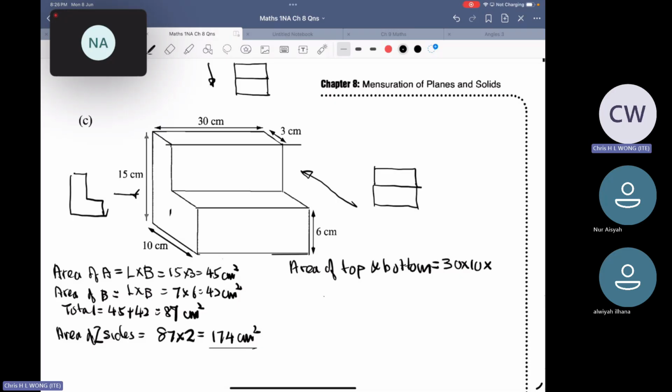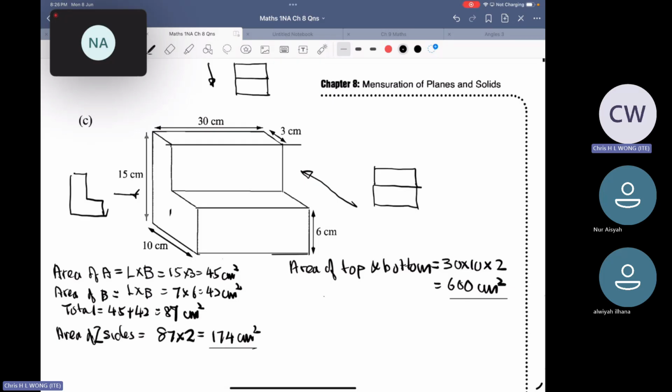Very good. Top and bottom, you have 300 times 2, 600 cm square. Quite fast already.